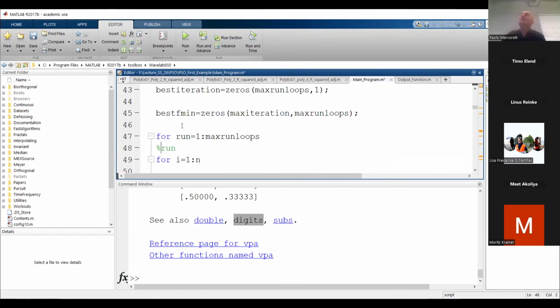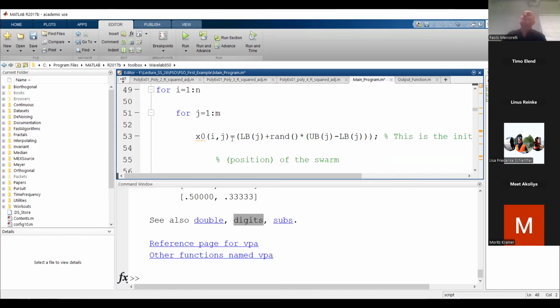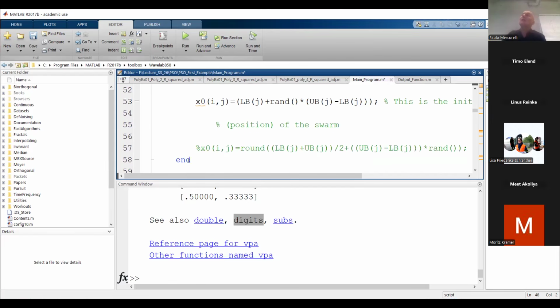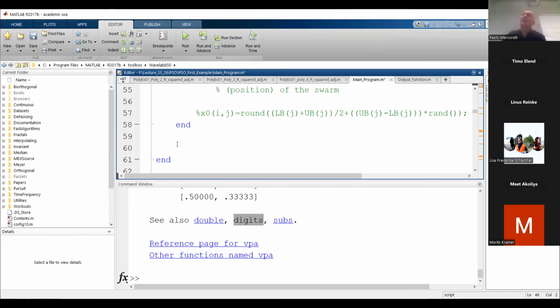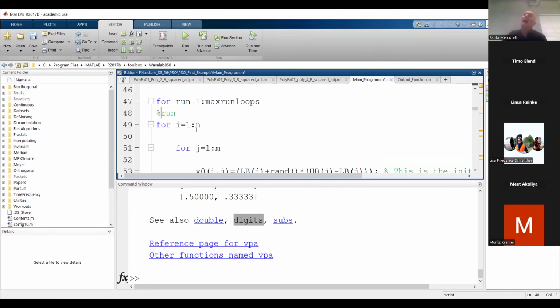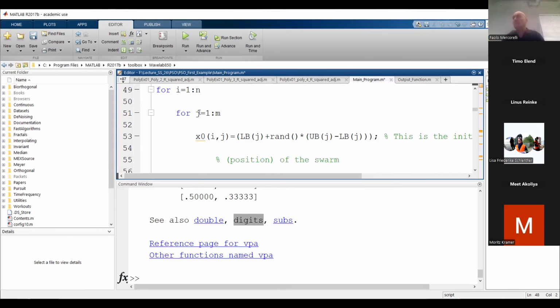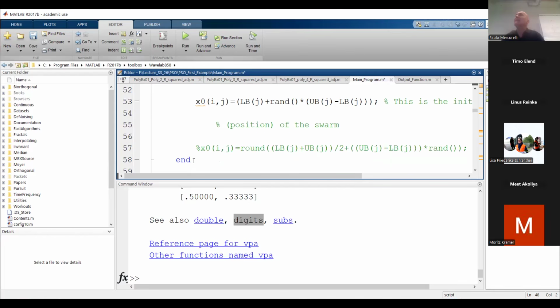Then, very interesting here, we have the loop which starts with for i and for j, and we will close with end and end. The for loop means I fix i equal 1, and I will run j from 1 to m, the command which is inside.